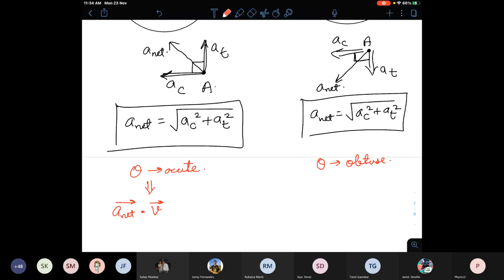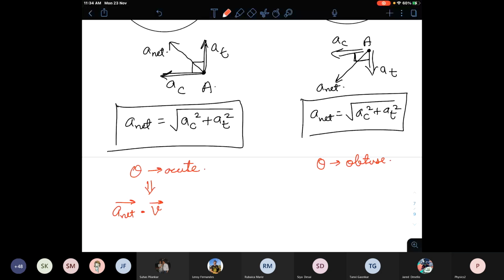But cos theta, if theta is acute, cos theta will be positive. Just try to visualize this in your mind. It will simplify things in physics. A v cos theta, basic formula of dot product. A is positive, v is positive. Cos theta is the term which is varying over here. It can be positive, it can be negative.